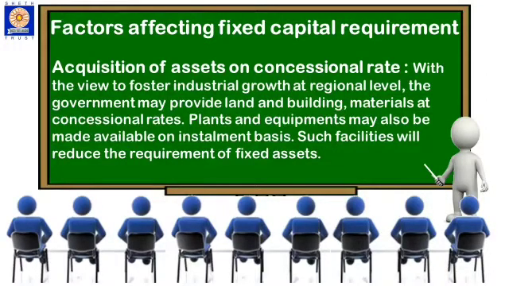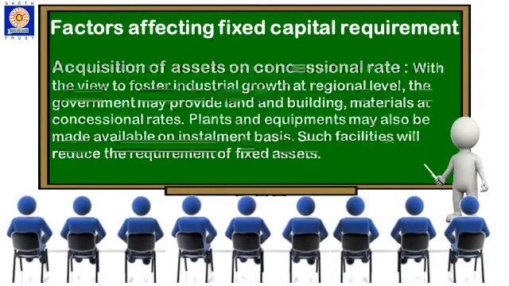In many cases, the government has also provided land and building at concessional rate. So, such firms require less capital for their fixed assets. Loan facility and installment facility have also reduced the requirement of fixed capital.